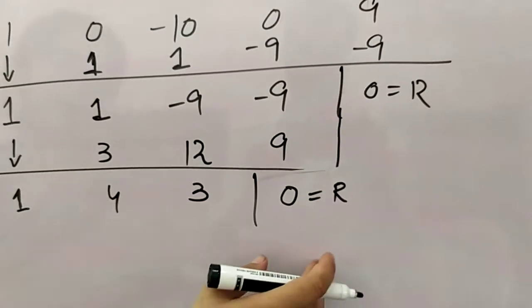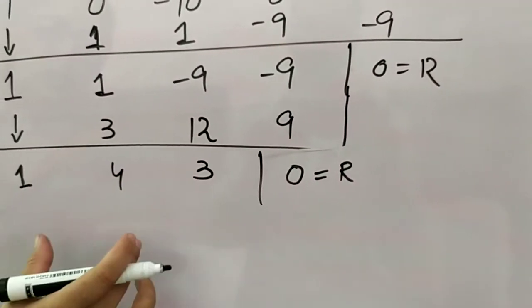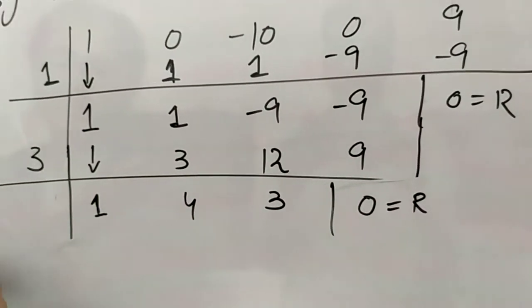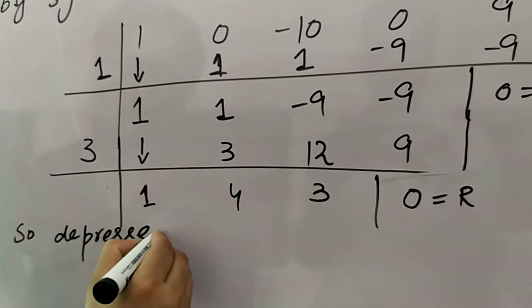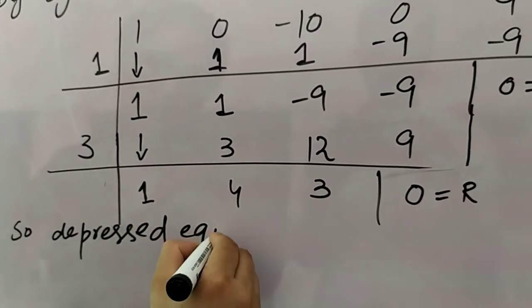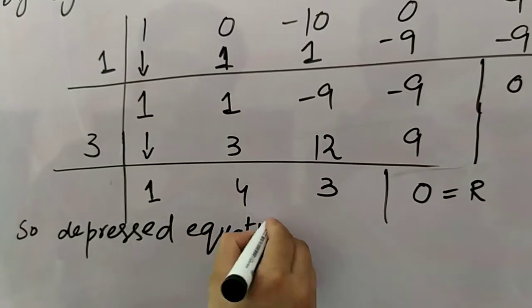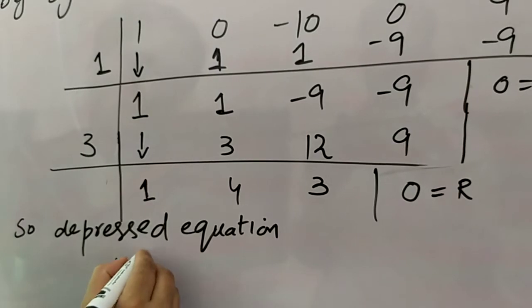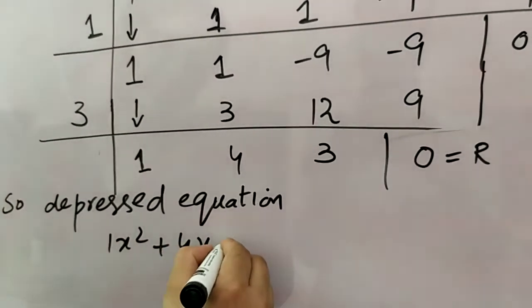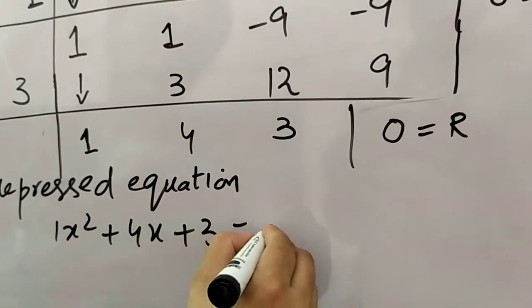Now I will form the depressed equation from these coefficients. The depressed equation will be 1x^2 plus 4x plus 3 equal to 0.